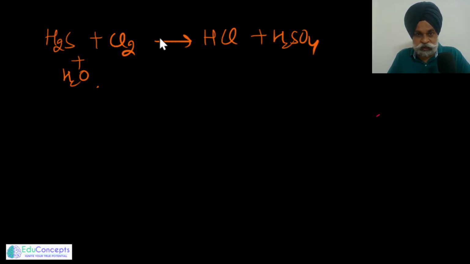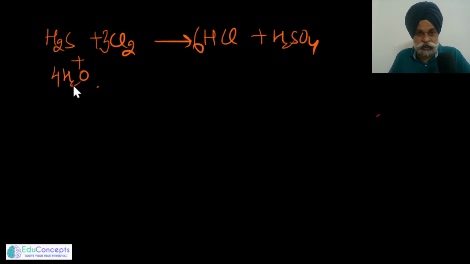So in the process, I do see here that sulfur has oxygen 4, so 4 water is required, and this would change into 1 sulfuric acid, and I think 6 is required here to make it balanced.